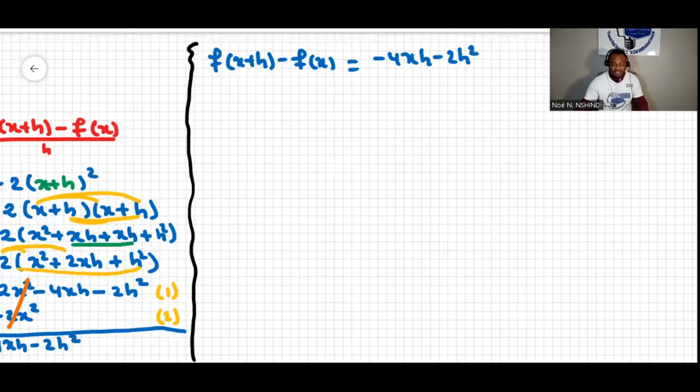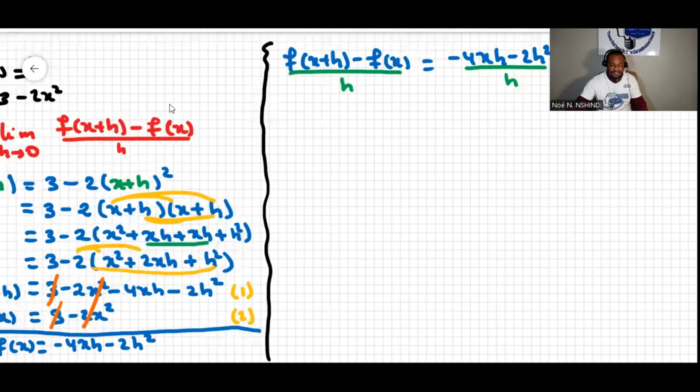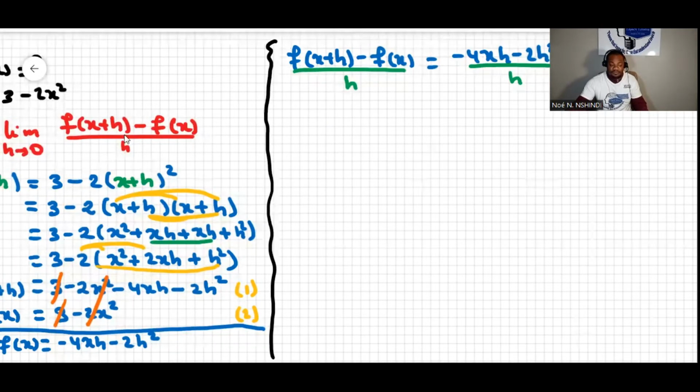This is what we had. Now we can divide this by h and that also by h, because this is the expression of these two functions.